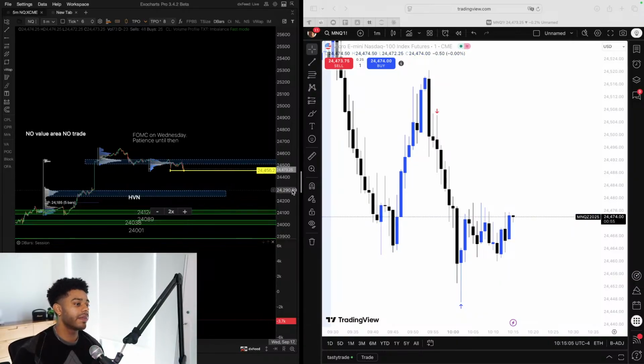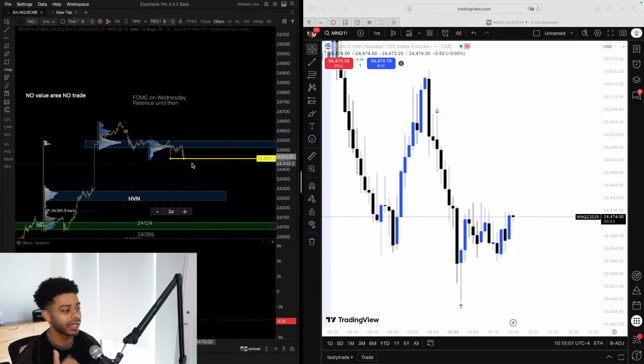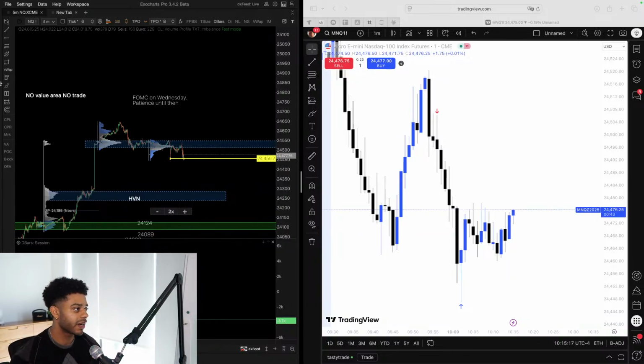We have the FOMC interest rate announcement later today. That's really what we're waiting on now. We need to see how the market is going to set up before that. But we've been noticing there's a lot of room to the downside. We were looking at the market profile to determine a lot of those things, and the next level of value to the downside is going to be around that 24,292 area.